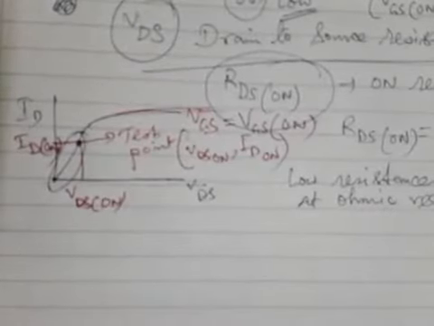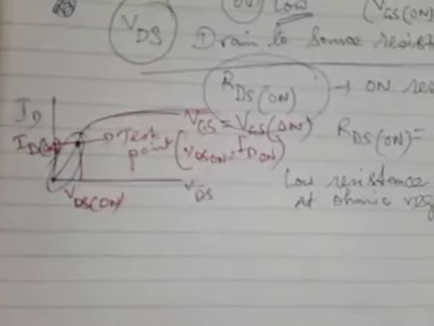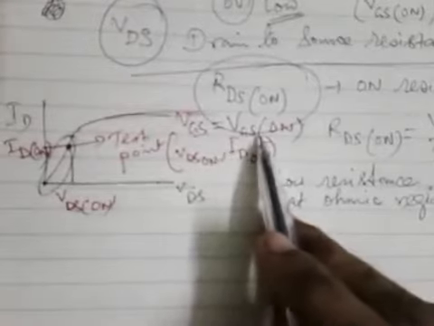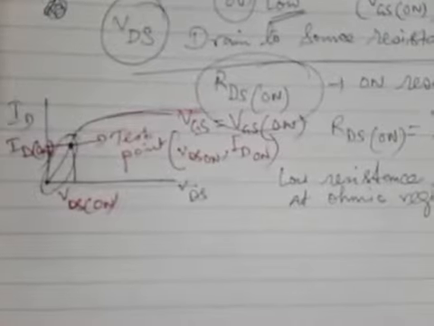And when biased at cutoff, that means at less than the VGS threshold value, it has a very high resistance. So when the on resistance is calculated, it indicates the on state of the MOSFET. But when VGS equal to VGS on, this on voltage is decreased to below the value of VGS TH, at that point the channel will immediately be non-existent, and the device will immediately come to the off condition.